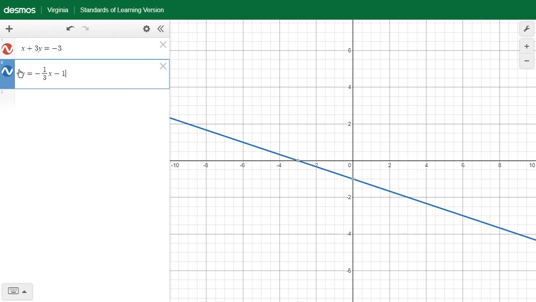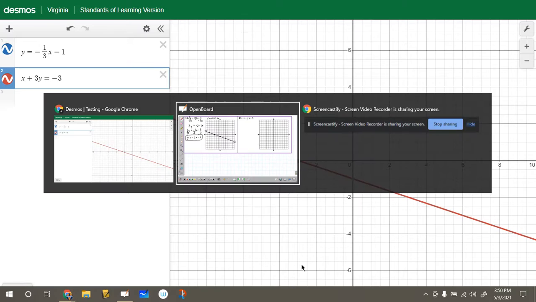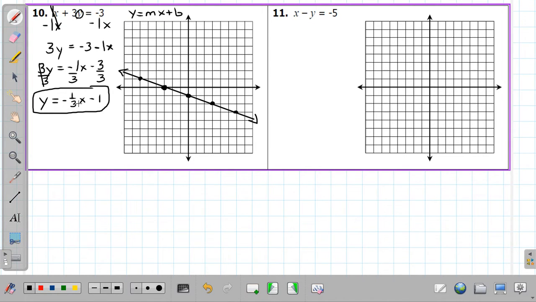If you notice, both of those lines are exactly the same. If you plot the red one, the blue one covers up the red one, or vice versa. The point I'm trying to make here is that once you figure out your slope and your equation is in slope-intercept form, graph both of them and see if it gives you the same line.